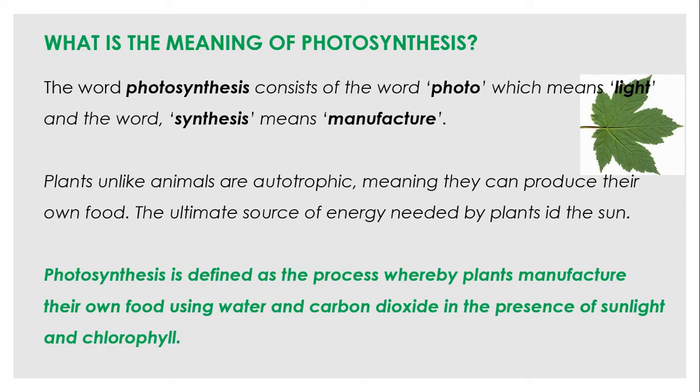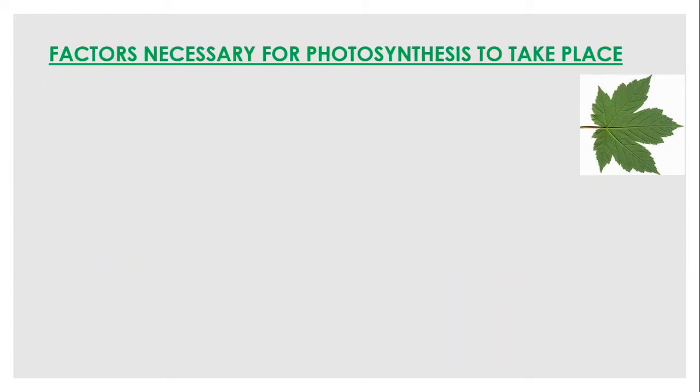Alright, let's move on to look at factors necessary for photosynthesis to take place. Right in the definition, we can point out some prominent factors the process depends on. One, sunlight. Two, chlorophyll, the green pigment in the chloroplast of plant cells.